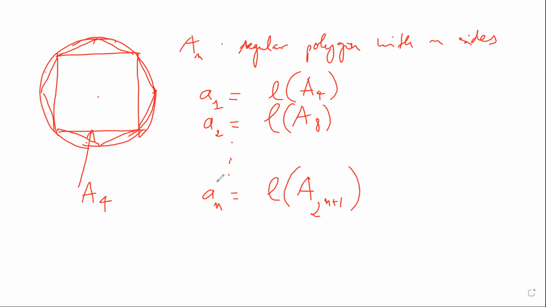Of course back then he didn't prove anything about the convergence of the sequence, but he just computes this to approximate pi.